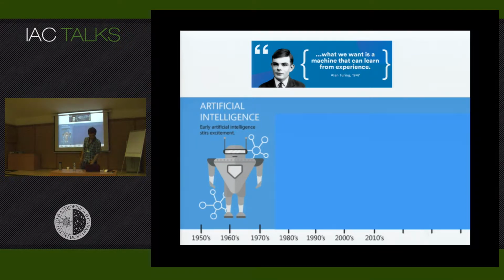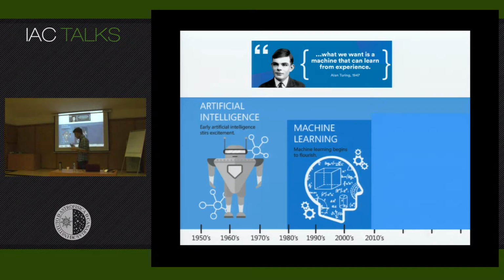But basically, this is a global objective, and we are still far from it. So in the 90s or 80s and early 2000s, within artificial intelligence, it was kind of reduced to what is called machine learning. And this is how machine learning started to flourish. And these are the algorithms that we have been seeing. So basically, you are trying to find boundaries or classify objects with some kind of criteria.